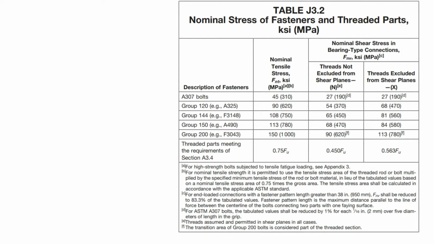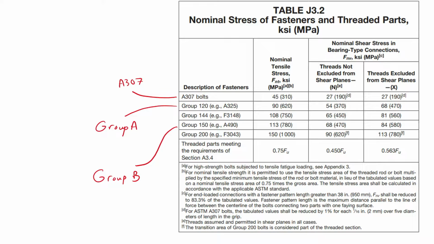The nominal shear strength of ASTM A307 bolts is based on the assumption that the threads will always be in the plane of shear. The shear strength of A307, Group A and Group B bolts rounded to the nearest KSI are summarized in AISC Table J3.2.